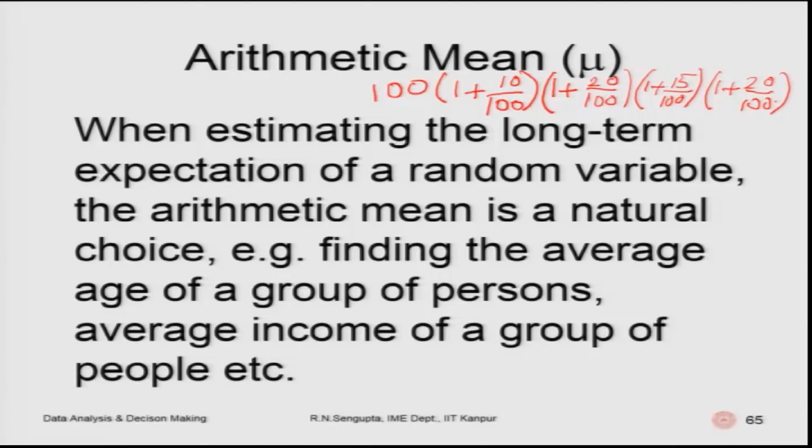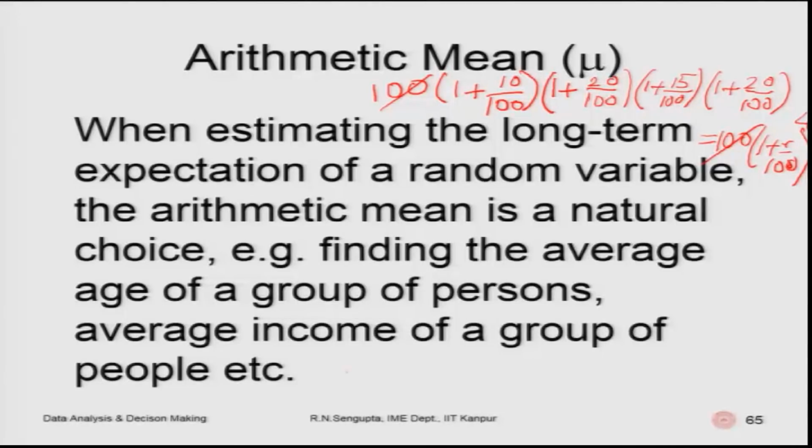Now, I want to find the equivalent interest rate using the concept of geometric mean. So, obviously, it will be 100. How many years are there? There are 4 years. It would be 1 plus r by 100 to the power 4, because there are 4 years. Based on this, 100 cancels.